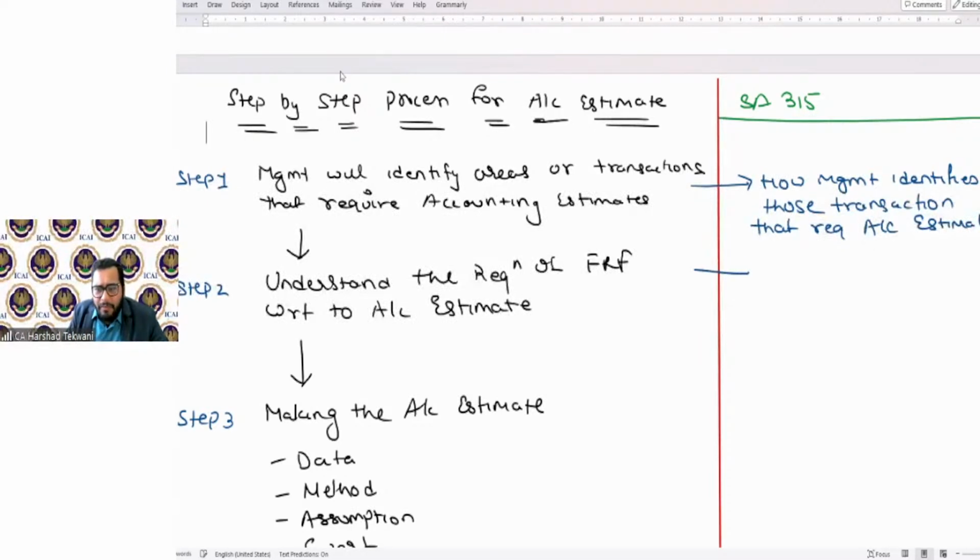Then I will understand what is the requirement of the FRF, financial reporting framework, with respect to estimates.